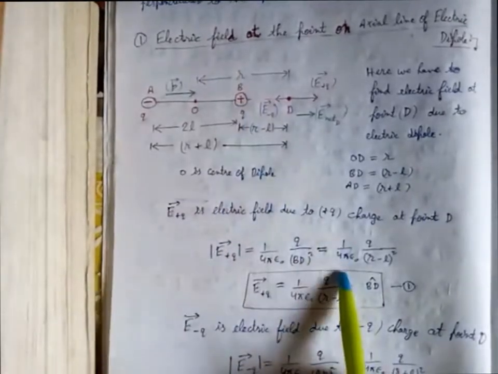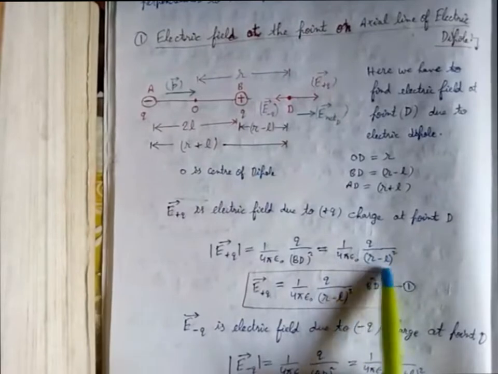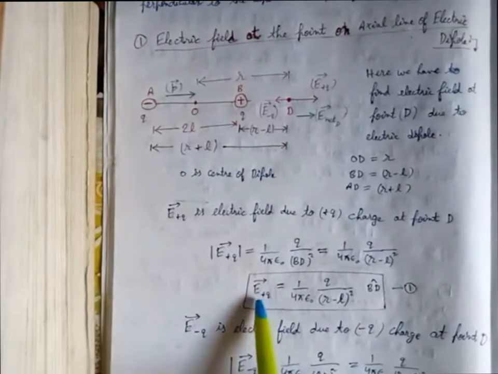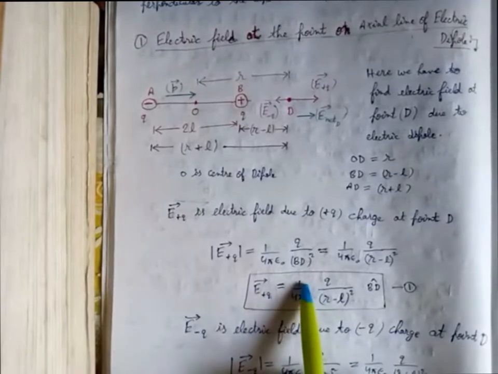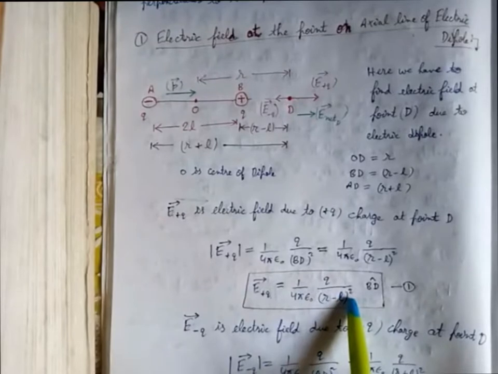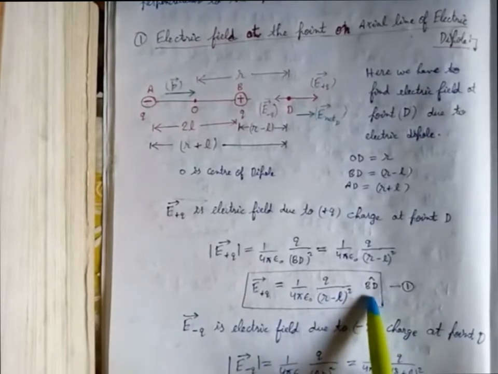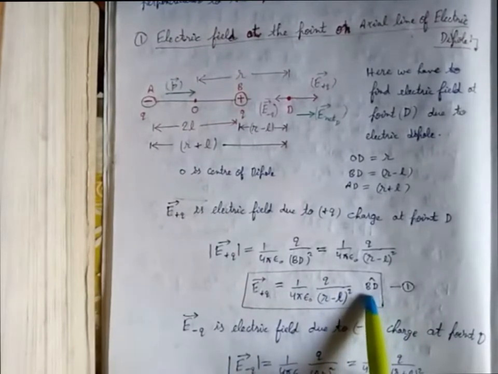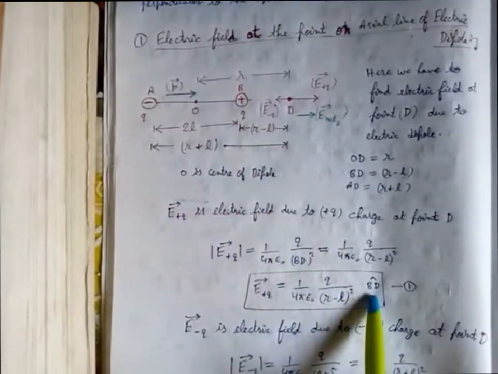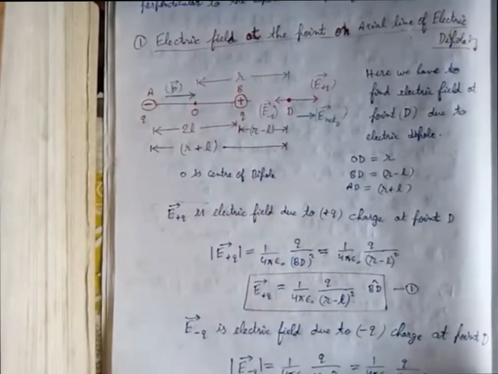So it will be 1 by 4 pi epsilon naught Q by (r minus L) the whole square, and the direction of the electric field will be along the BD unit vector. This is the first point.